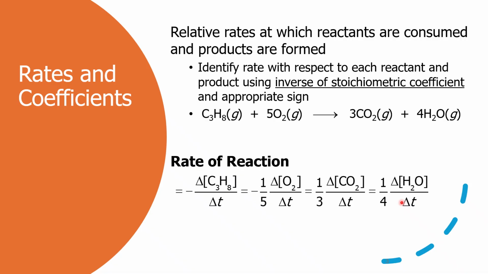This has the very important aspect of making all these rates equal. Another way to think about this is water, in terms of its rate, is forming 4 times faster than propane is being consumed.